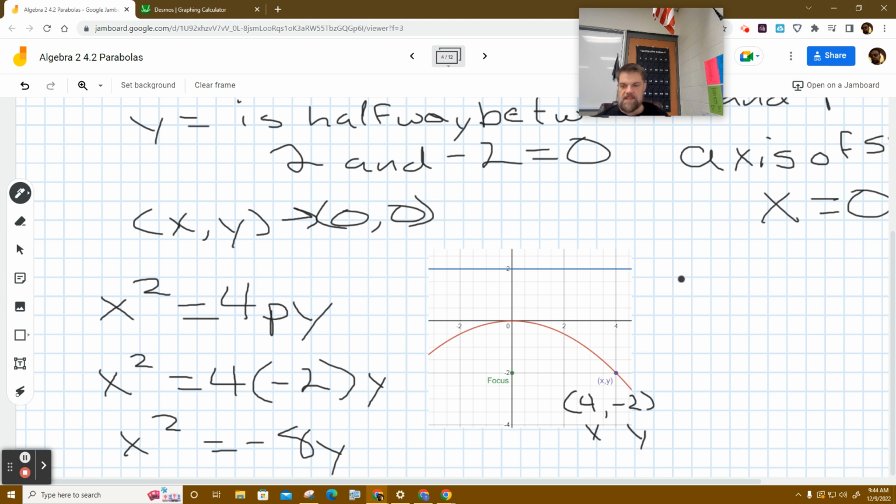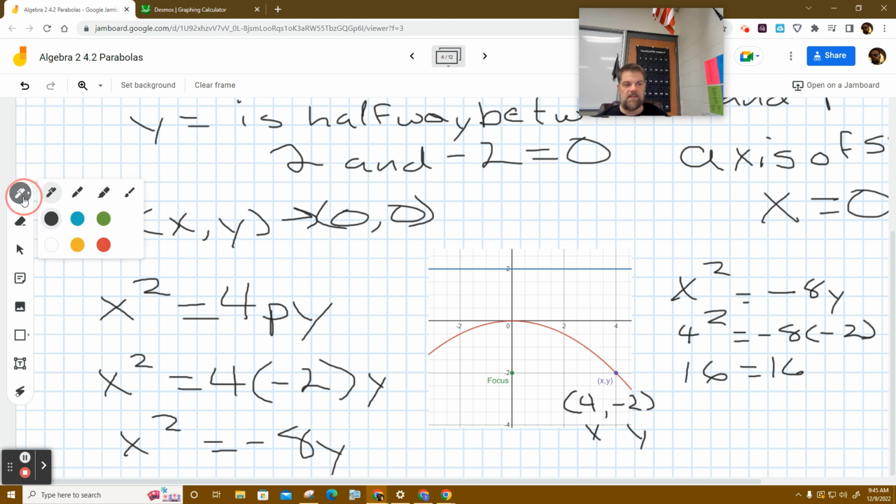Or I could say, if my equation is x squared is equal to -8y, I could say 4 squared should equal -8 times -2. 16 equals +16. It works, right?